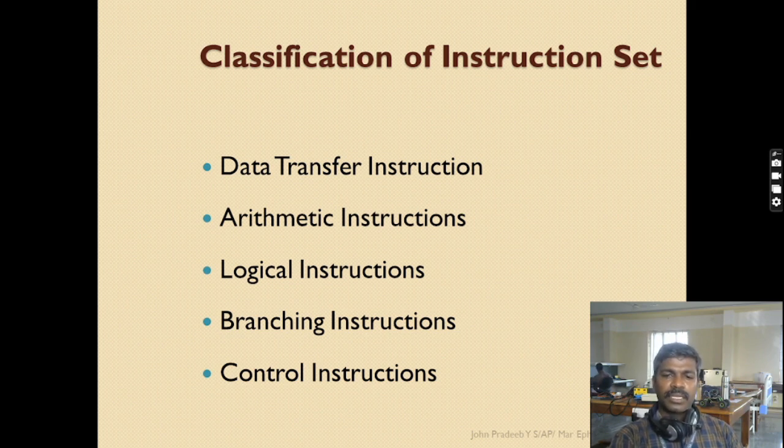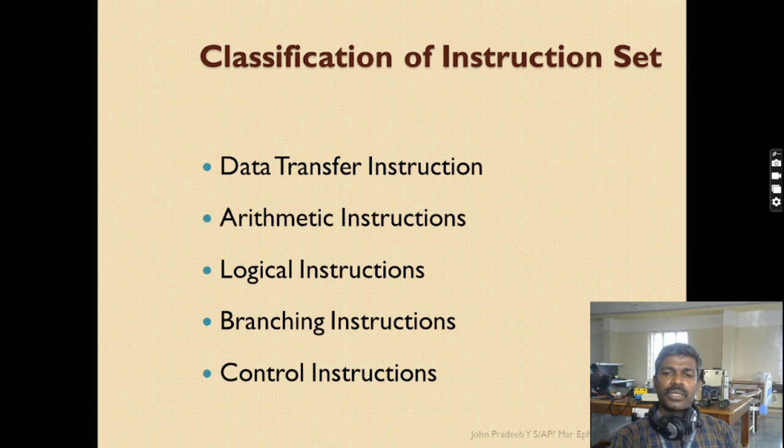Next, branching instruction. Branching means jumping from one memory point to another memory point, skipping. All of that is grouped together, with the conditional jump, and conditional branching is also available. So it is named the branching instruction.